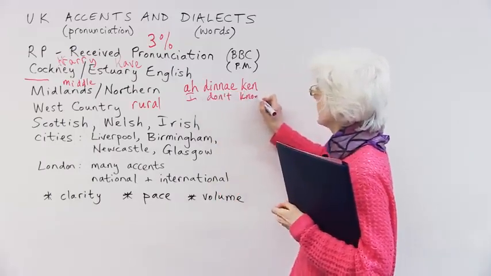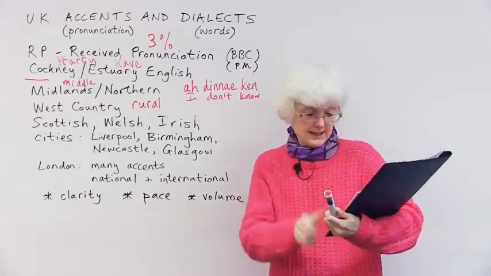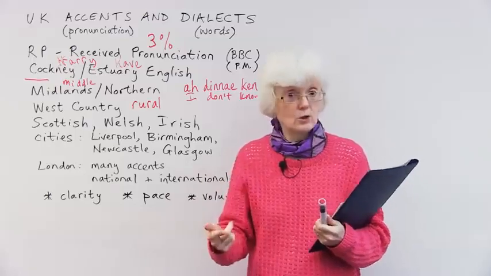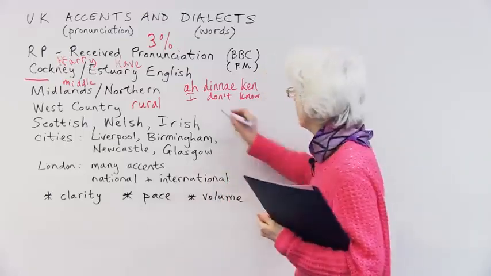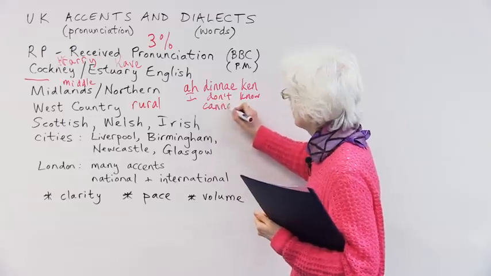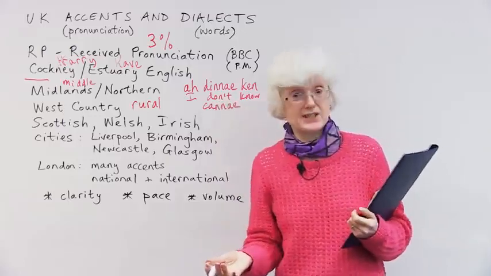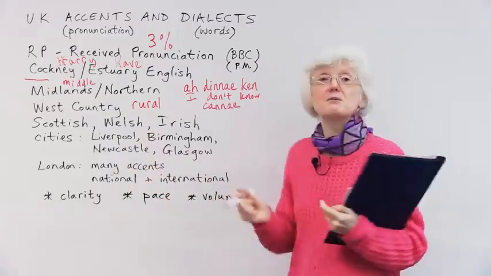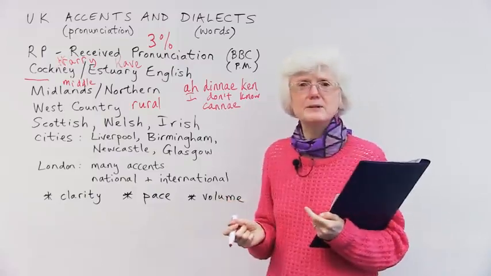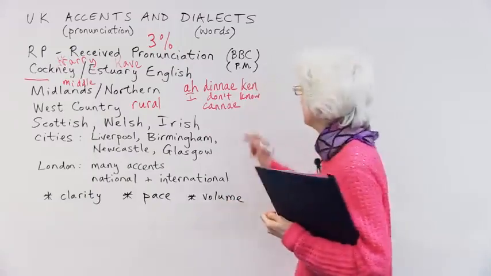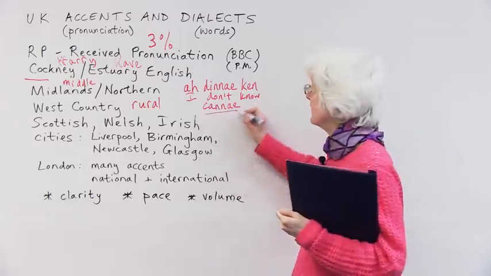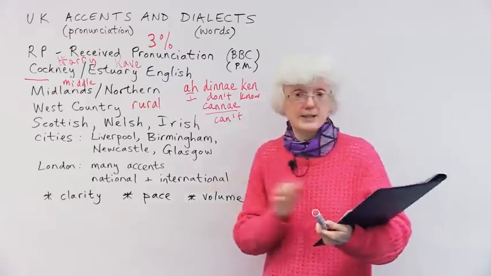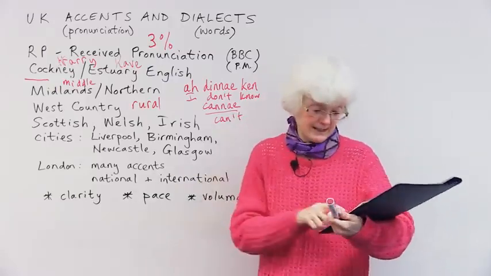And instead of saying can't or cannot, they say canny. You canny be serious. You can't be serious. I think a tennis player used to say that, didn't he? If he was Scottish, he might have said, you canny be serious, man. So canny instead of can't or cannot. Okay, so those are some examples of Scottish accent and dialect.